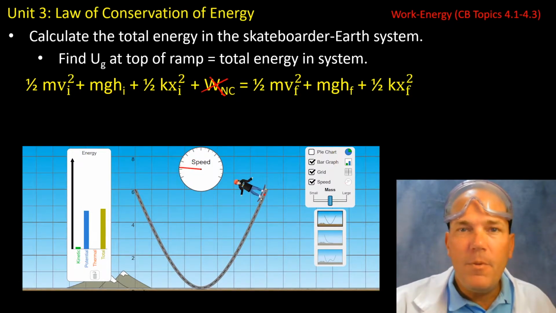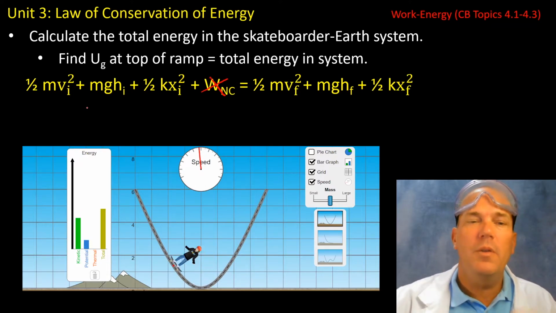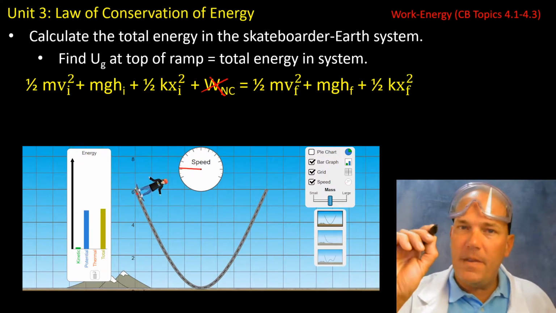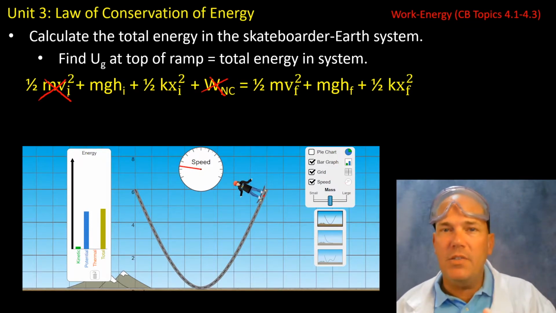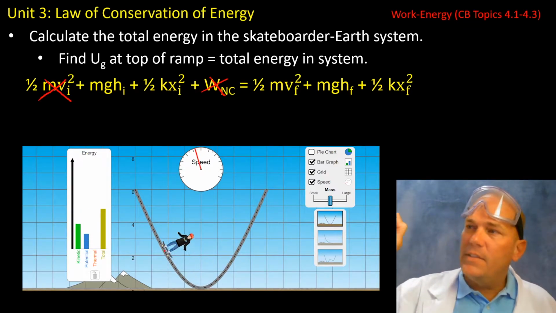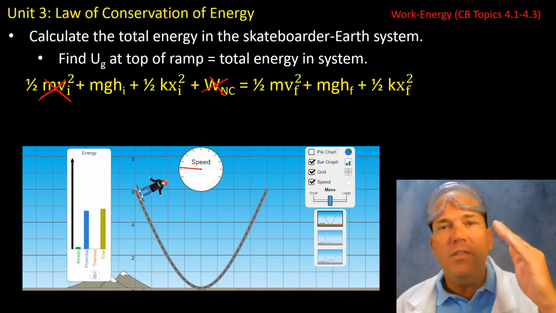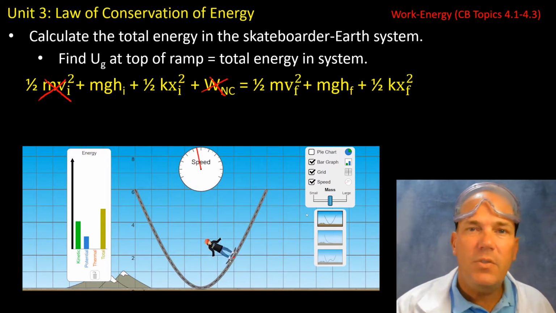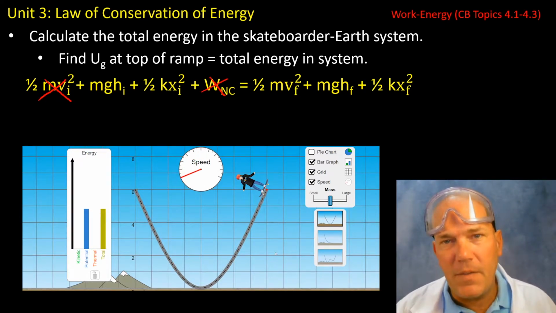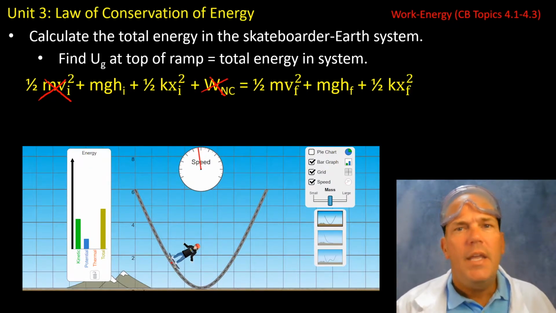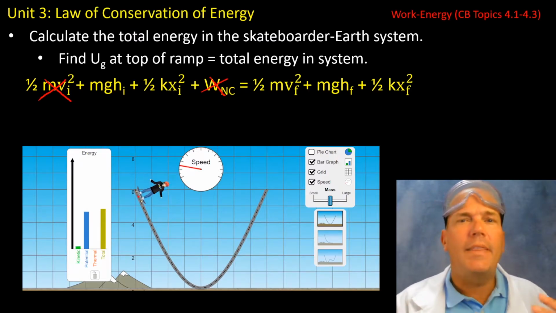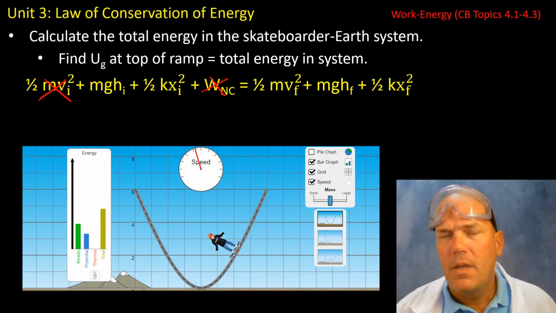At the top of the ramp is the skateboarder moving? At the very top, no, there's no kinetic energy. At that instant, the skateboarder stops. Is there gravitational potential energy relative to a defined 0 line? Sure. Let's go ahead and place the 0 line at the bottom of the ramp.